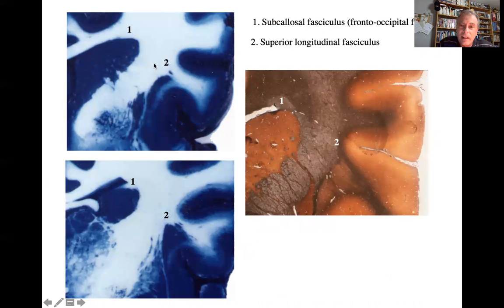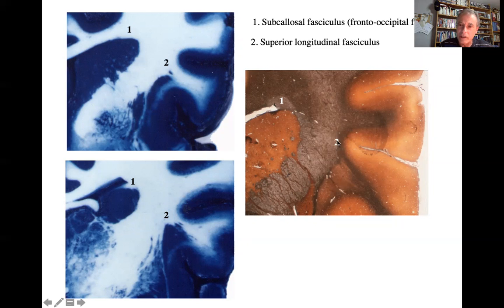In these enlarged images, this is a Bielschowsky or Mulligan. This is an impregnation, and this is a staining. So we have the caudate nucleus, the internal capsule with the pallidum, putamen and claustrum. And this number two here is the superior longitudinal fasciculus.